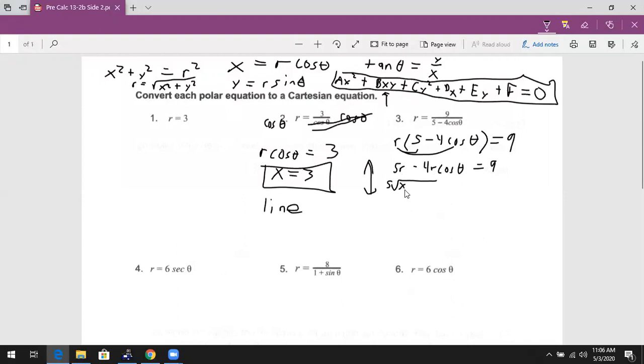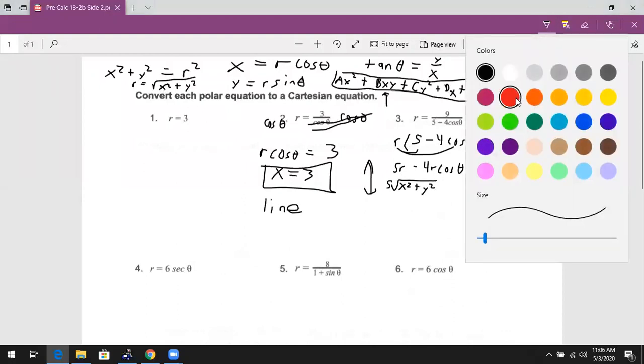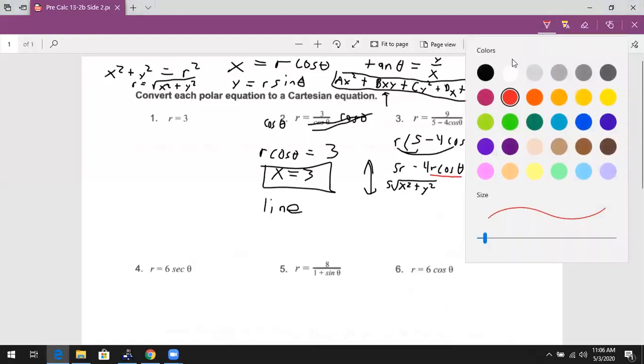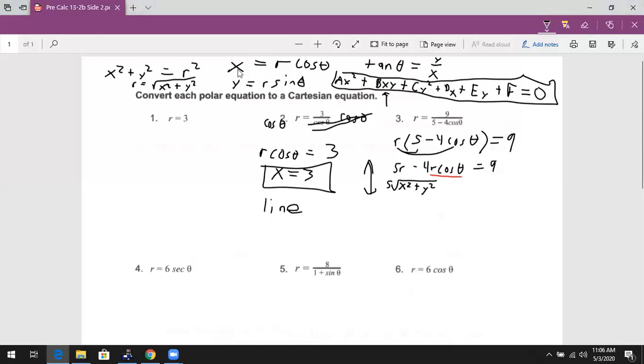So I get 5 times the square root of x squared plus y squared. In place of this r cosine theta, I'm going to put an x. So minus 4x equals 9.